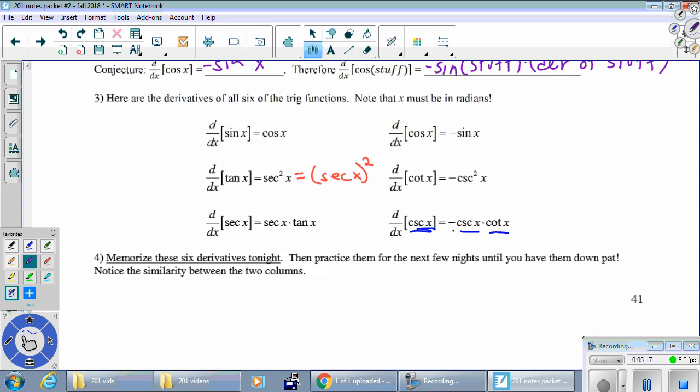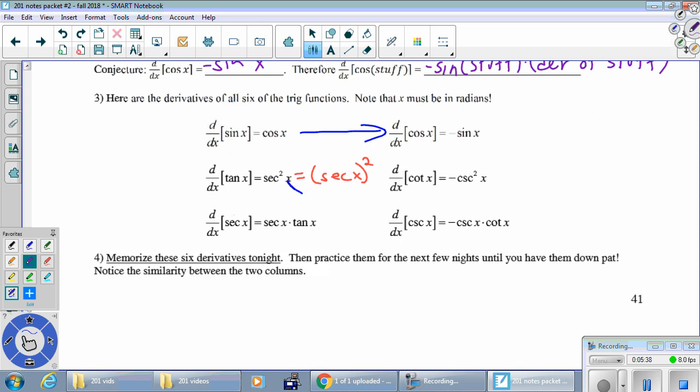In fact, I've written these columns in a very particular way. All of the trig functions that start with the letter C have negative derivatives. The ones that don't start with the letter C have positive derivatives. And if you line things up in terms of rows, then the functions become their co-functions.